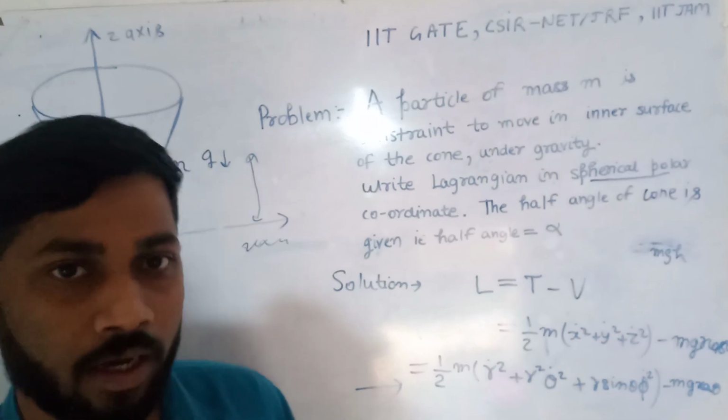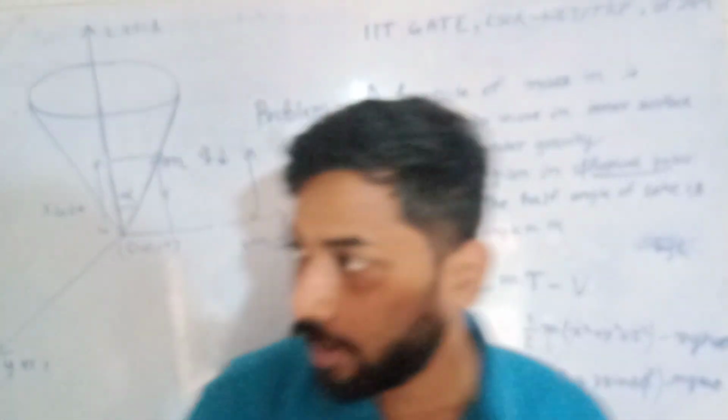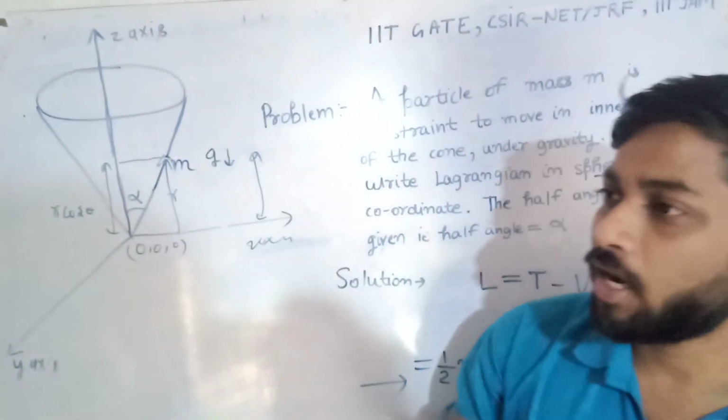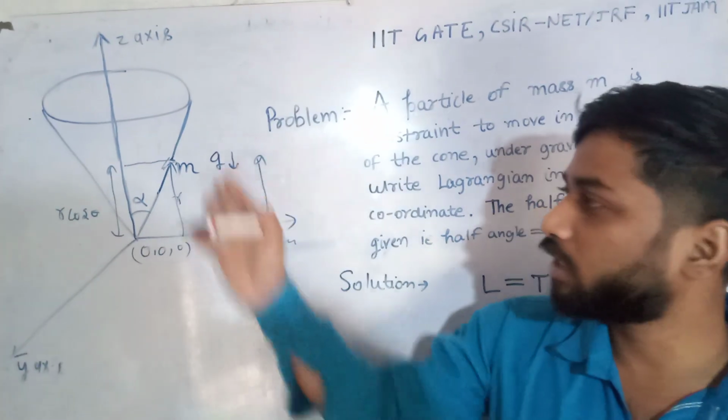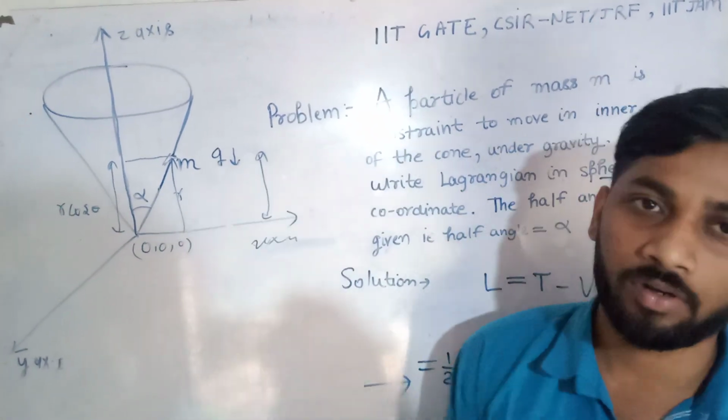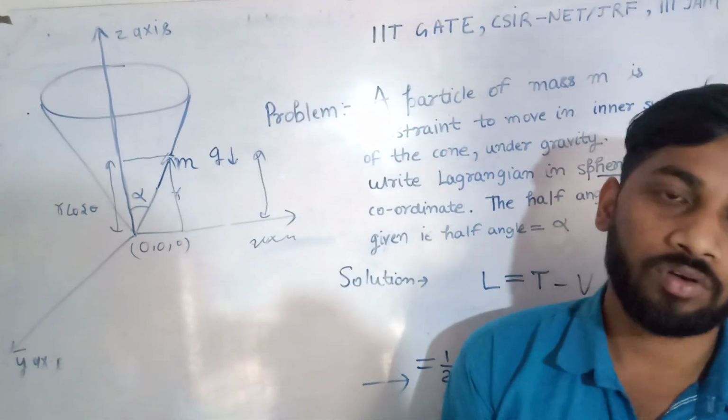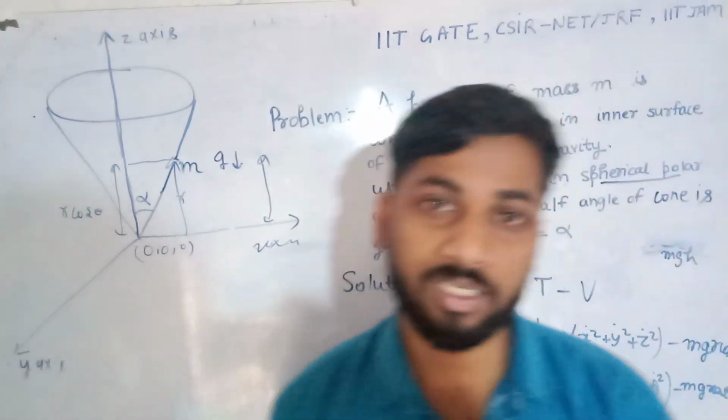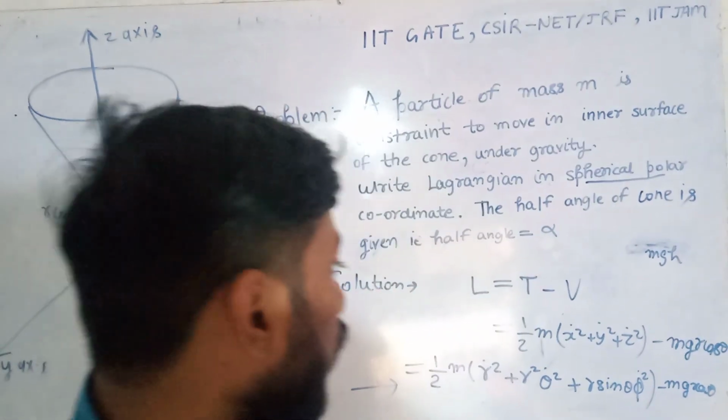But is that Lagrangian correct? No, it is not correct, because here the particle is not allowed to move freely in space. It is restricted to the surface of the cone. So there is a constraint.